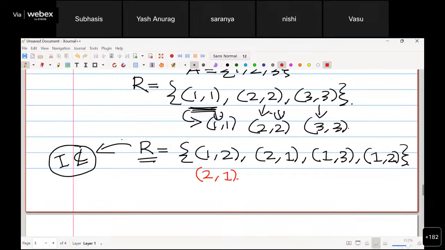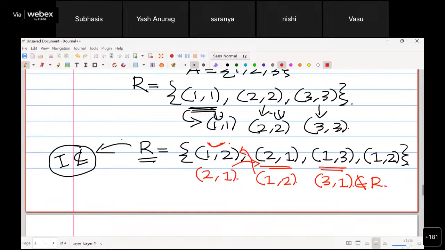As you can see, (2, 1) is there, so I'm fine for this element. If I flip (2, 1), I get (1, 2), which is also in R. The next is (1, 3). If I flip (1, 3), I get (3, 1). As you can see, (3, 1) is not in R.